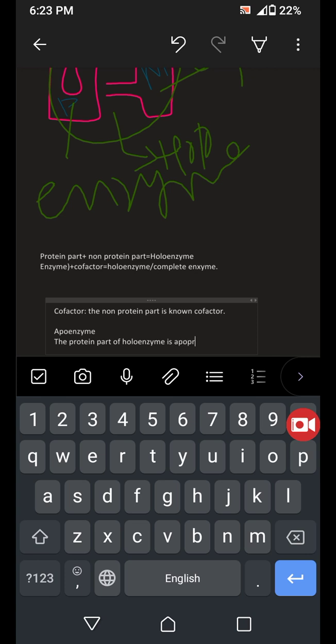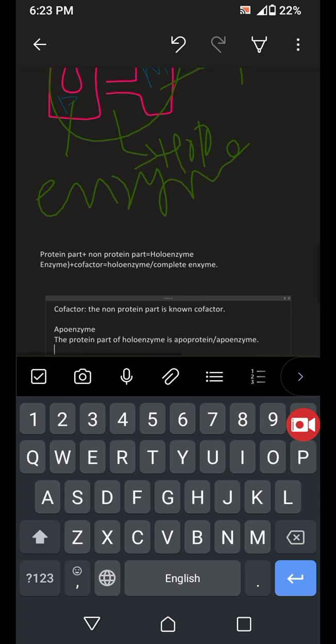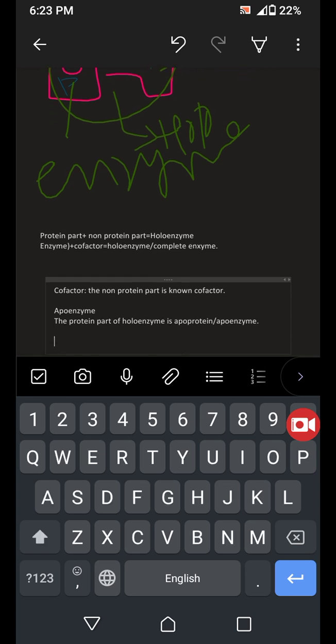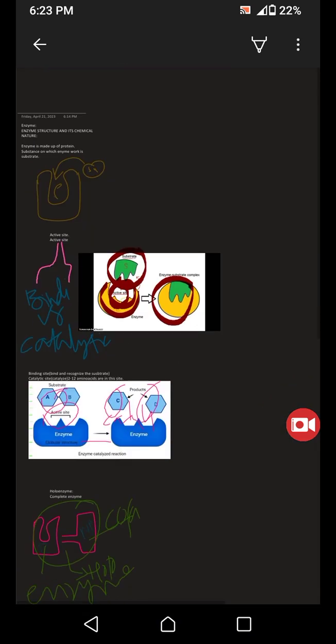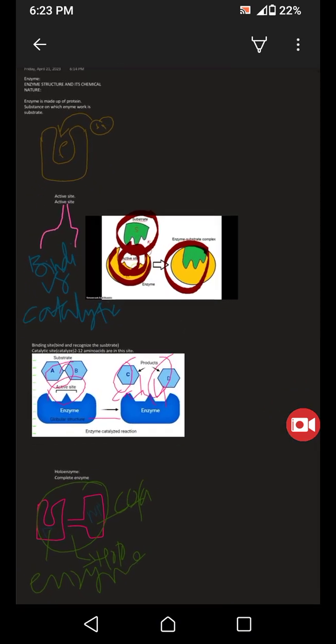Let me tell you the difference between cofactor and apoenzyme. The cofactor is the non-protein part of the complete or holoenzyme, and the apoenzyme is the protein part of the complete or holoenzyme. Okay, so I'm done with the chemical and structural nature of the enzyme.